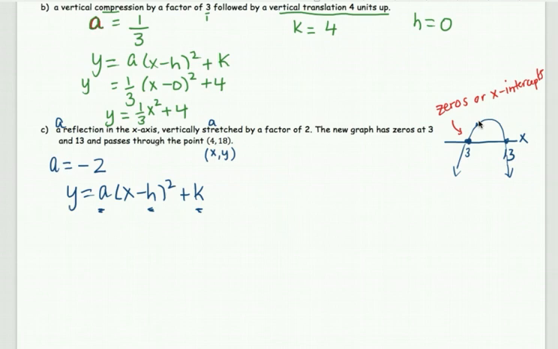So we're just going to go back to something we did a few cycles ago where if you have a couple of points and they're straight across from each other, so if it says they're zeros, they're straight across from each other in the quadratic. So in that case, we know that the vertex is here. Okay, that's where the vertex would be. And we know that the axis of symmetry goes through the vertex, right?